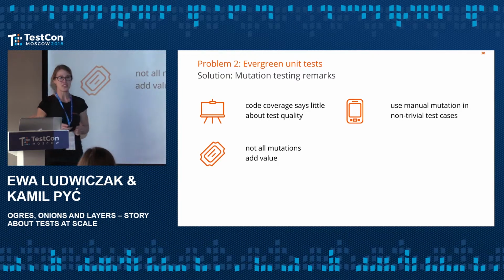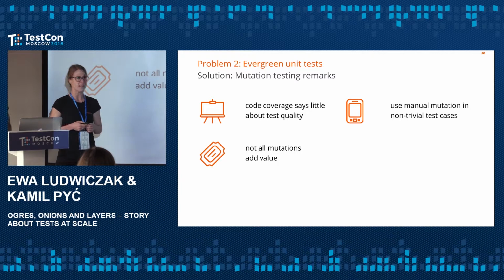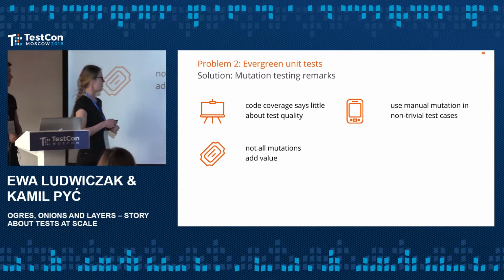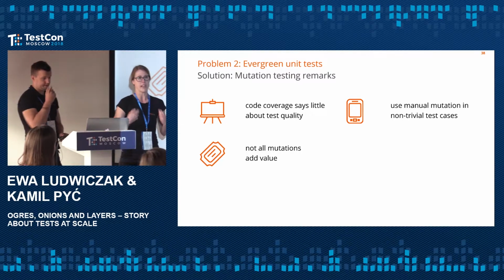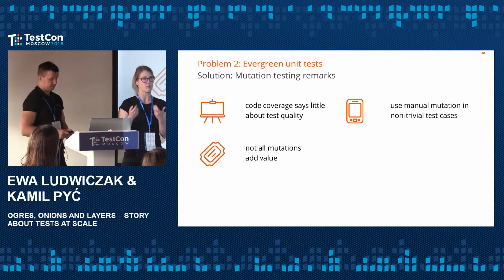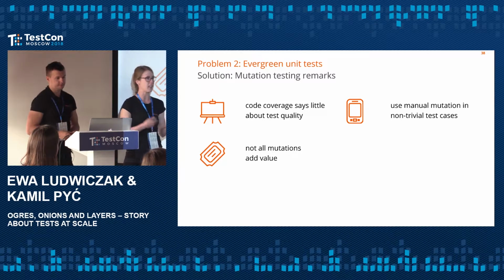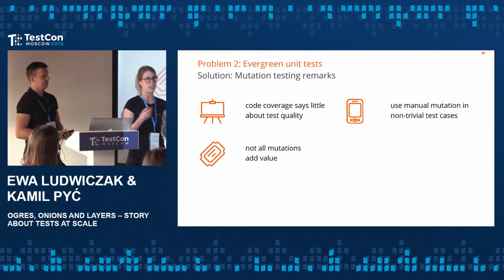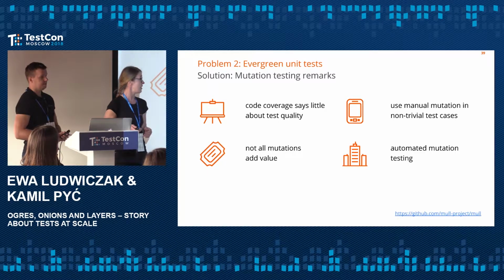And we also know that not all of the mutations add value. Some of the mutations will not be reflected by actual users in production, meaning that we can create artificial, fake mutations that will not have a chance to appear in the production environment. So it's also important to remember that.